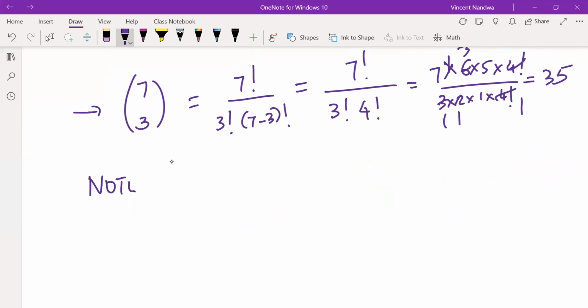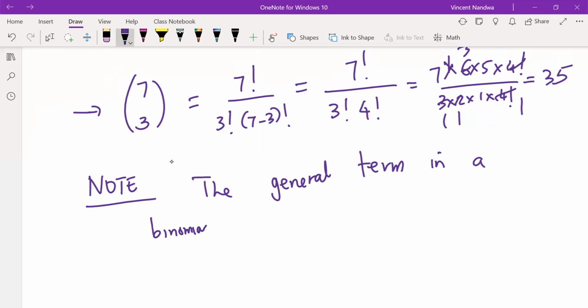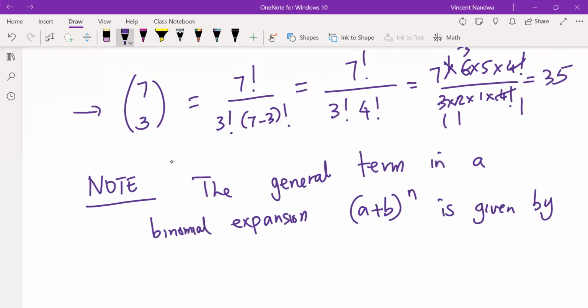So note that the general term in a binomial expansion is given by T r plus 1, which is given by n combination r, a raised to power n minus r, b power r.